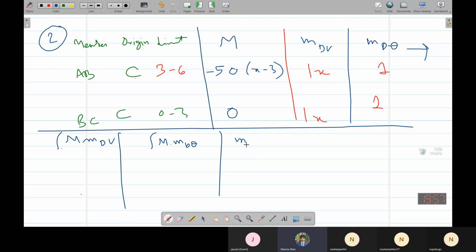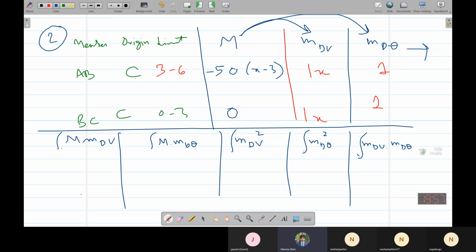The third column would be m dv square and integration. Fourth would be m d theta square and integration. The last one would be m dv into m d theta and integration. Basically, I have multiplied this m with this one first and then this one, and we have done integration here.